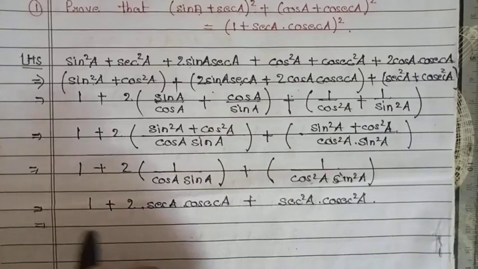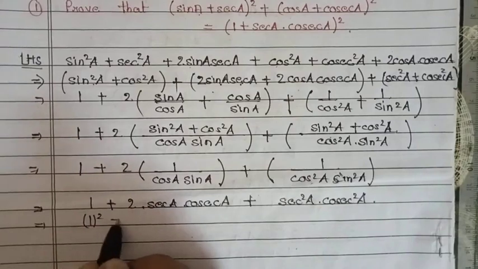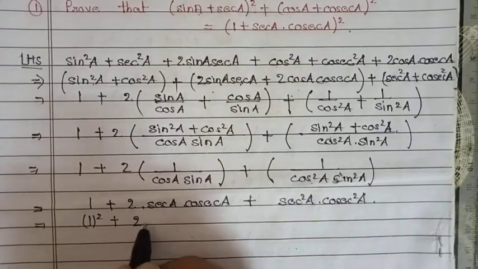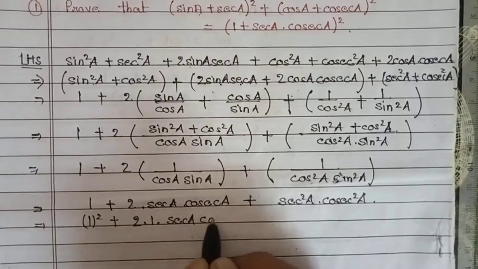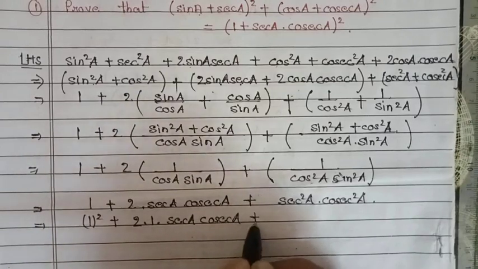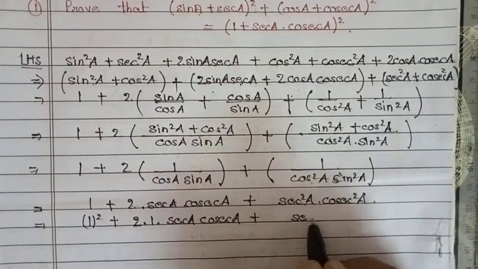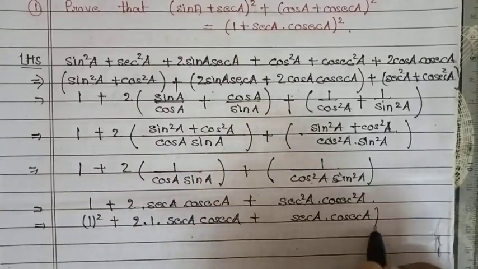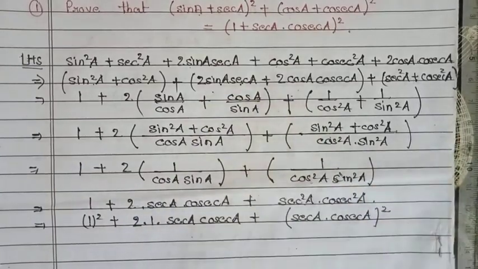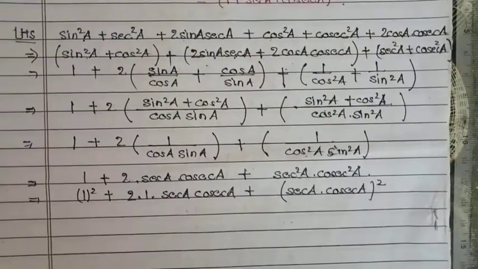Okay, now see, the first term is 1, so 1 can be written as square of 1. Here we can write 2 into 1 into sec A cosec A, and the last term can be written as sec A cosec A whole square.